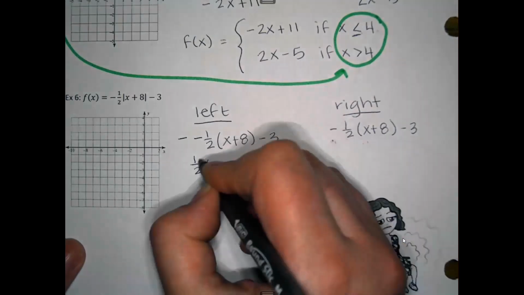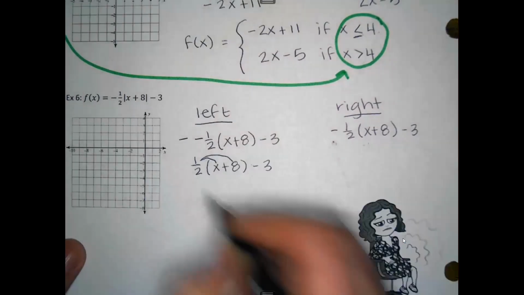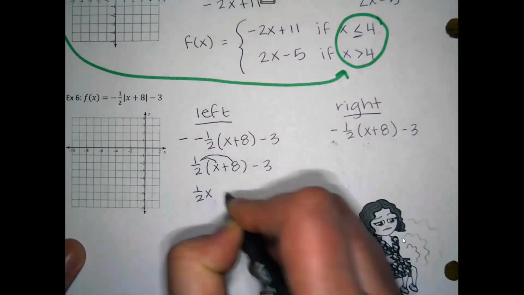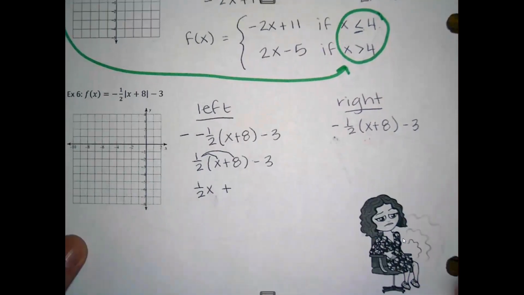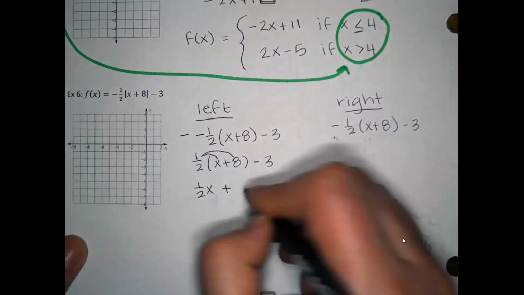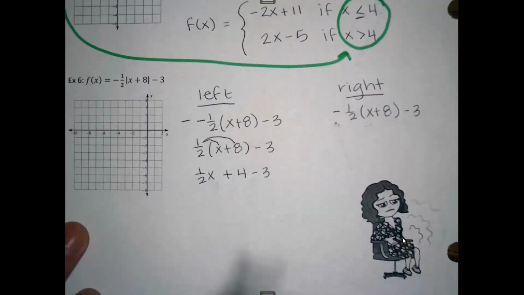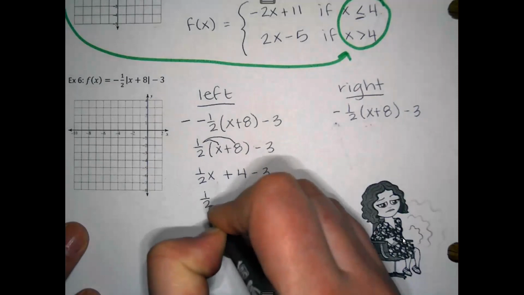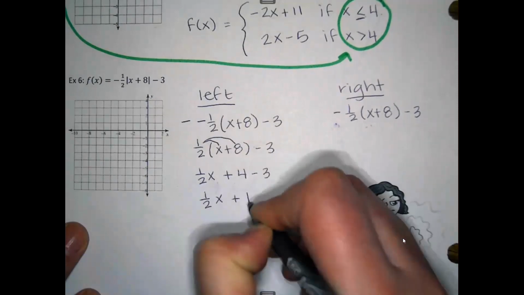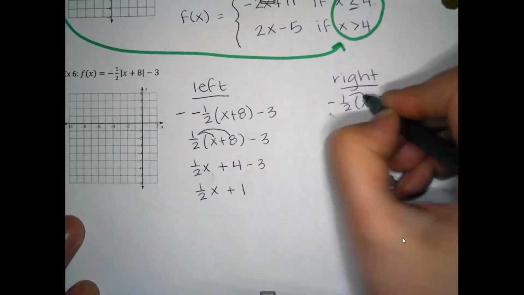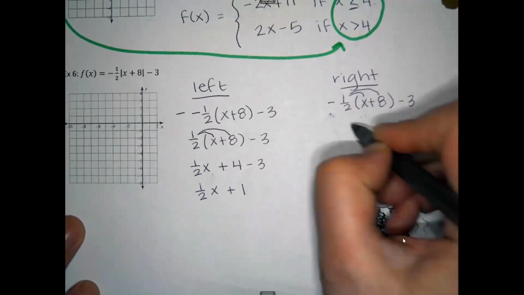Distribute the 1/2. So I got 1/2 x and then 1/2 of 8. 1/2 x plus, what is 1/2 of 8? 4. Okay. So 1/2 x and then positive 4 minus 3, 1. 1/2 x plus 1. Okay. Over here, negative 1/2 times 8.